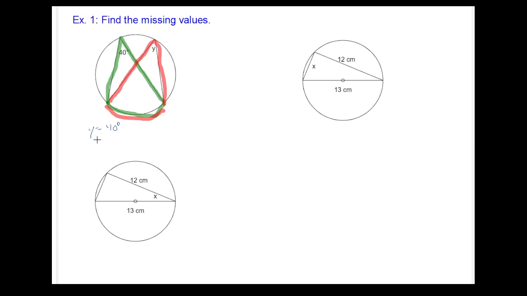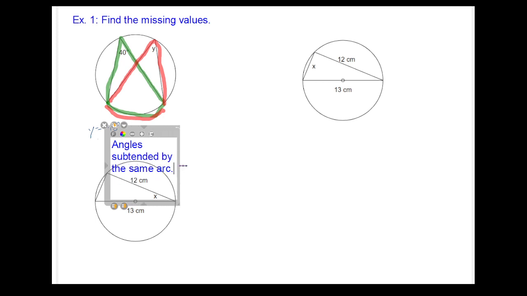And our rationale here could be just that the angles are subtended by the same arc. And that could be our rationale.